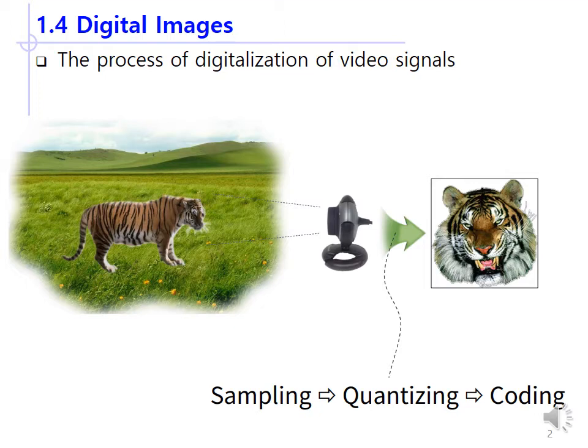The digital camera or CCD camera can turn the analog image into the digitized image that has discrete pixels and a quantized intensity. Thus, sampling and quantization and coding are happening in making a digital image.